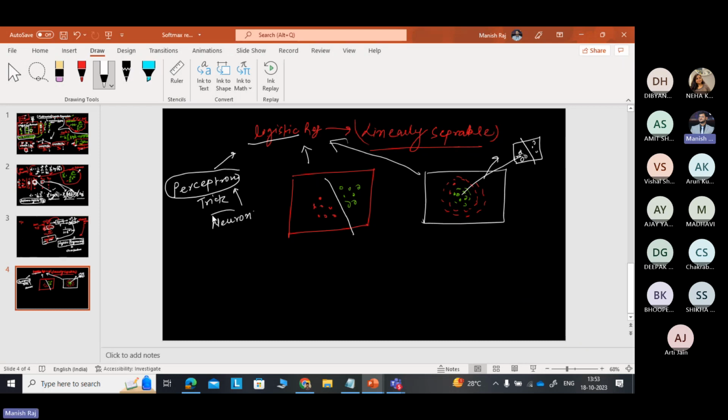The neuron is in the biological part in your brain, and the perceptron is in the artificial neural network. So you can use the word neuron for the biological neural network, and the word perceptron for the artificial neural network. These are the same thing.